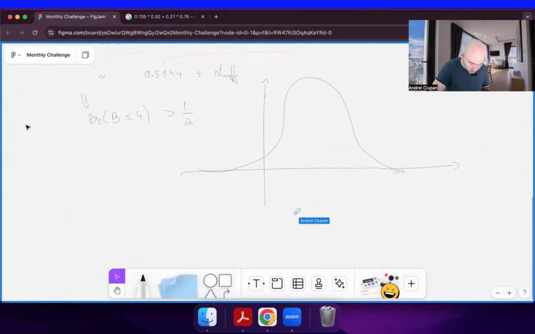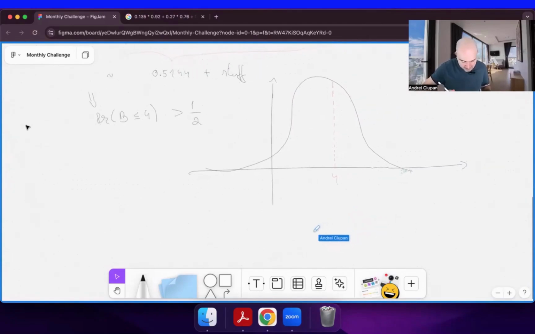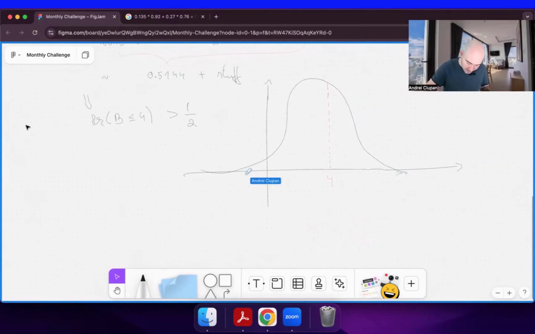It means that 4 is somewhere here, and it covers more than 1/2, right?